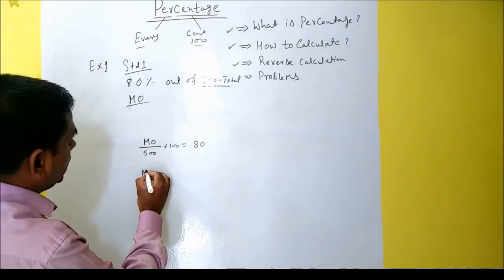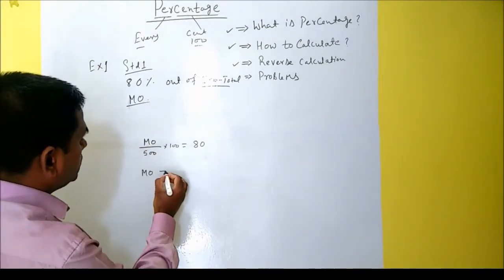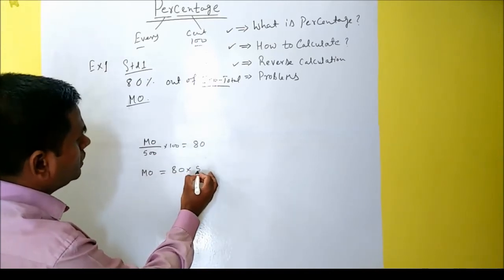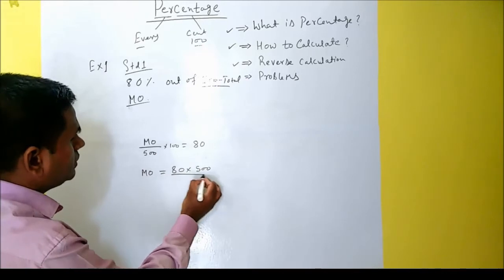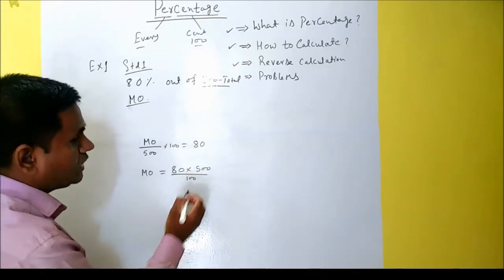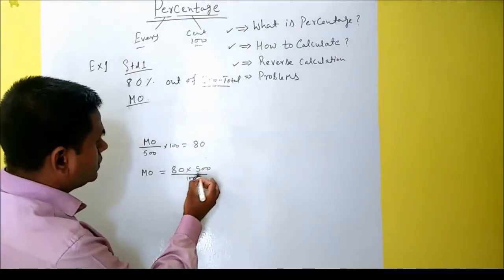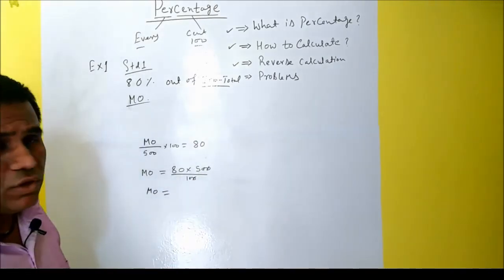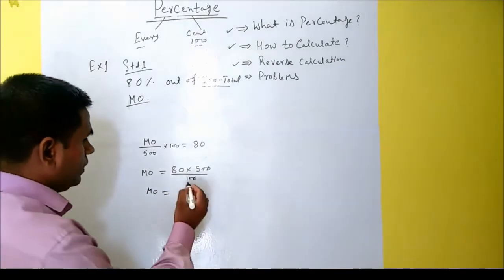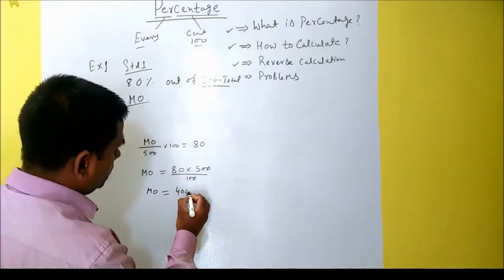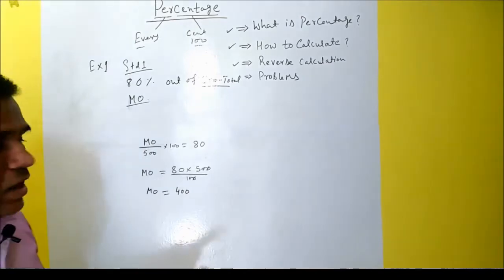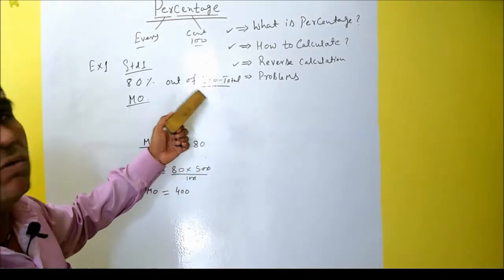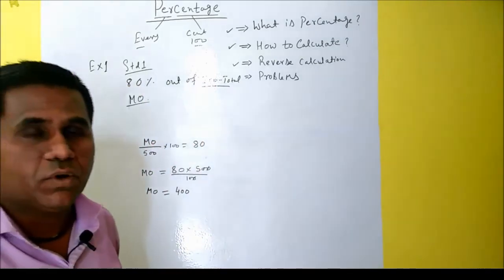Now marks obtained we have to calculate, so we will keep it here, and 500 is in division, so it will go here into multiplication, and 100 is in multiplication, so it will come here as a division. Now we can cancel these zeros, and marks obtained, if you just multiply this, it will come. So 400 is the marks student has secured out of 500, for which the percentage is 80%.